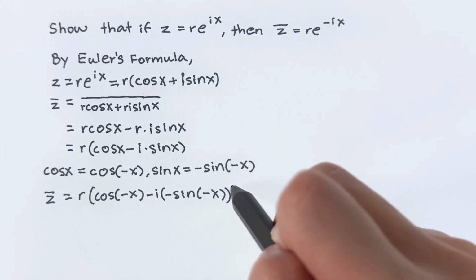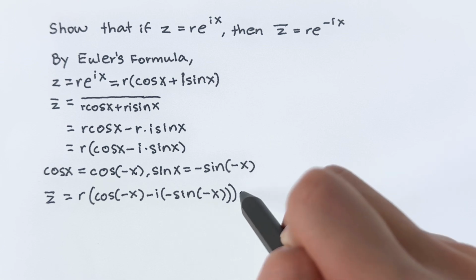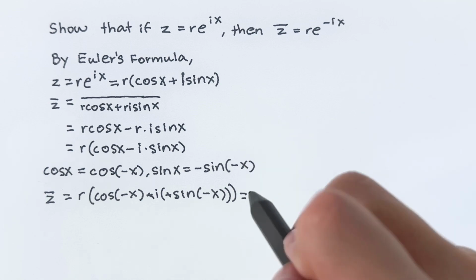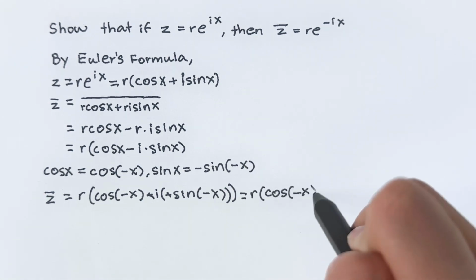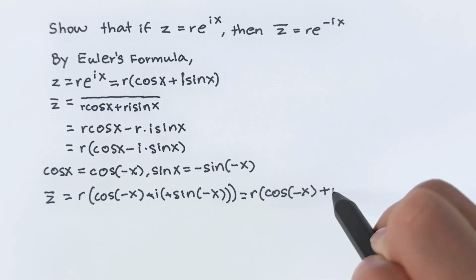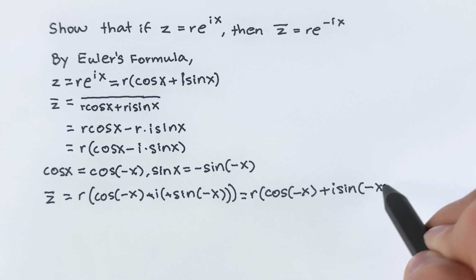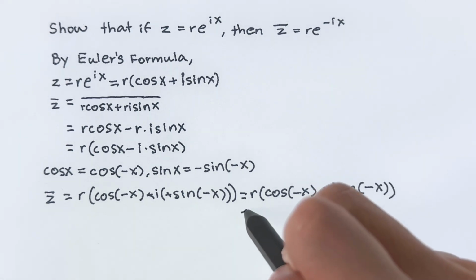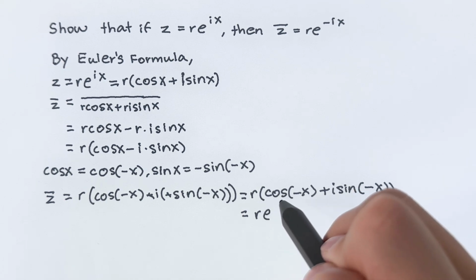And then this will mean that the two minus signs cancel out, so it becomes r times cosine negative x plus i times sine of negative x. And then this is in the form of r times e to the power of negative ix by Euler's formula.